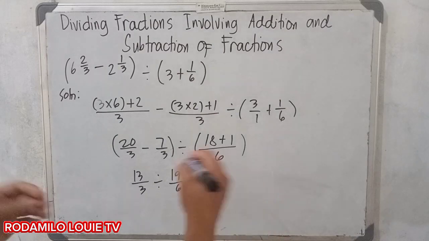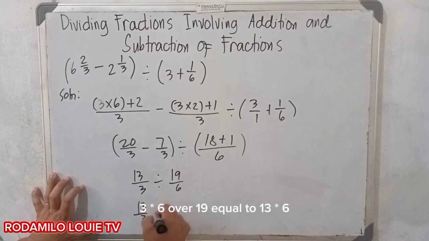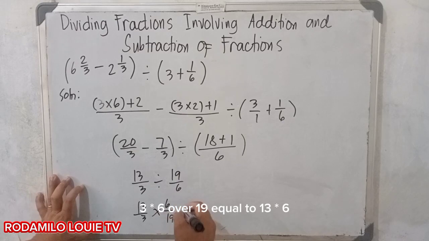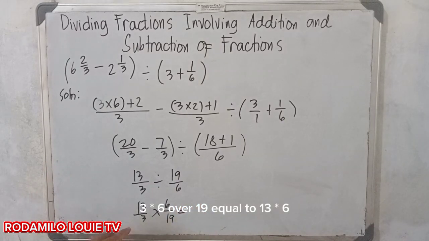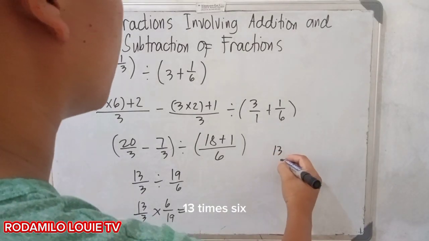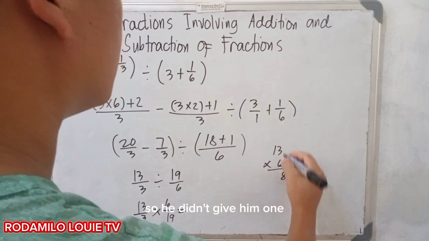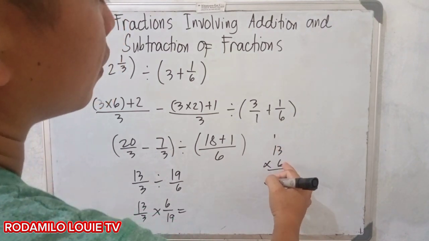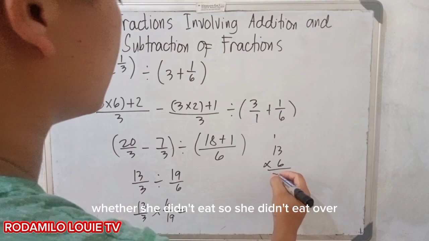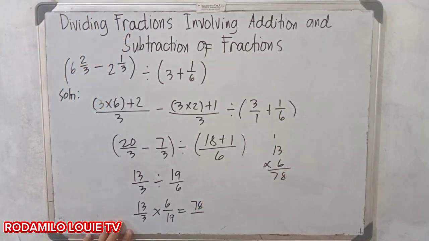So, the reciprocal is 13 over 3 times 6 over 19, which is equal to 13 times 6. 13 times 6 is 78, so 78 over 57.